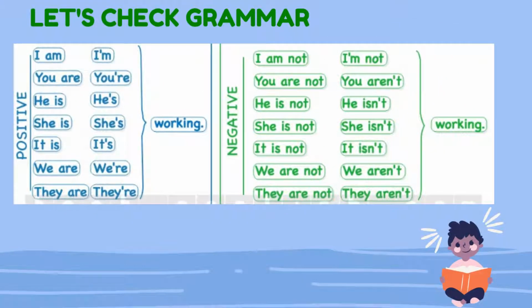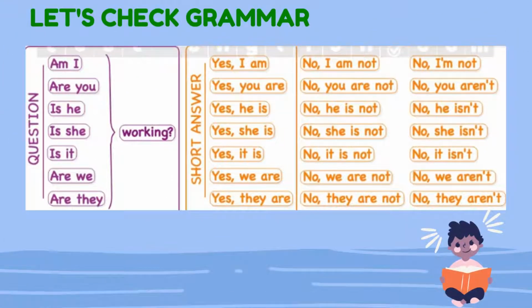To speak about activities and weather, we may need to use present continuous. Remember that you form it by using the verb to be plus ing at the end of the verb. For example, she is working, or in negative, she is not working. In questions, the order changes.